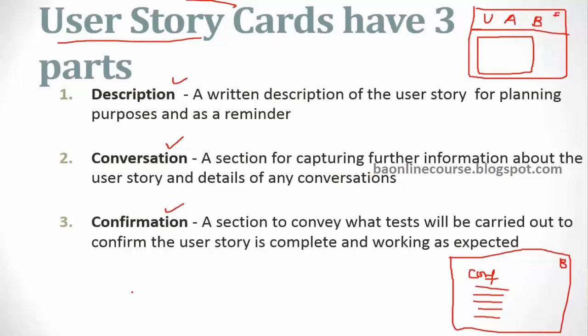A similar format is used. So these 3 sections would be used to capture your requirements. It could be done on a post-it note, it could be done in software, but the overall structure and the details are the same, right? So that's how you would take up a Scrum Agile model project. Okay.